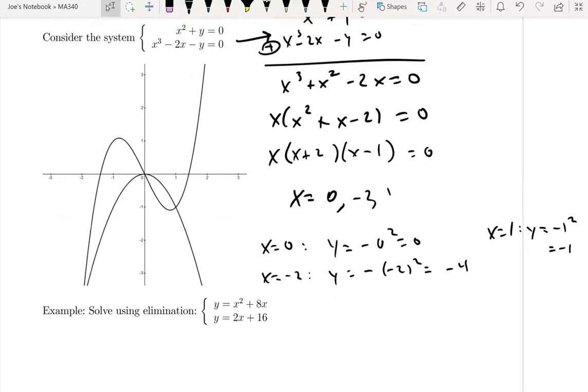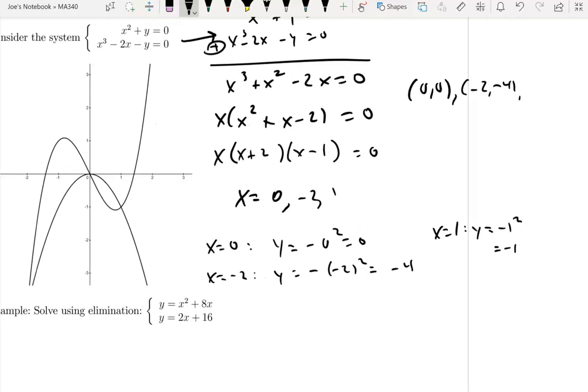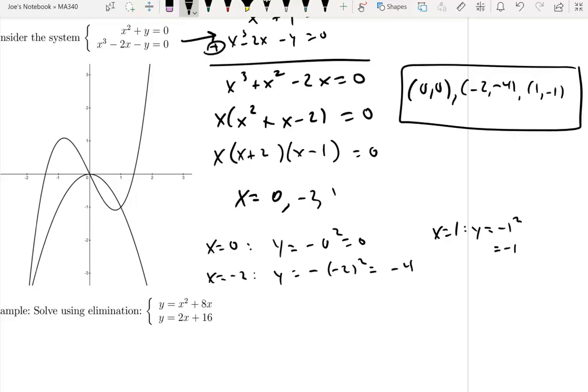So what are the 3 points that give you solutions then? Questions on that one? Okay.